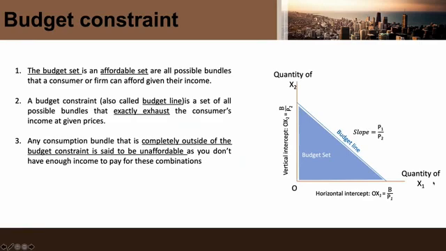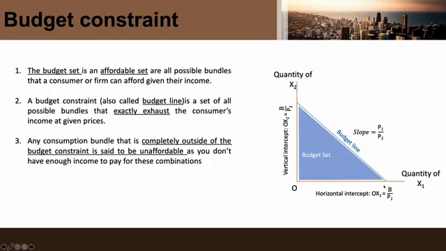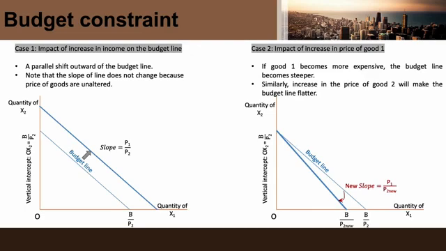So we understand that the optimal utilization of budget would be to consume quantities while being on the budget line. Okay, now let's look at some scenarios.